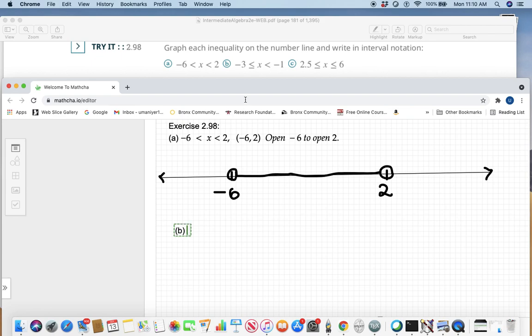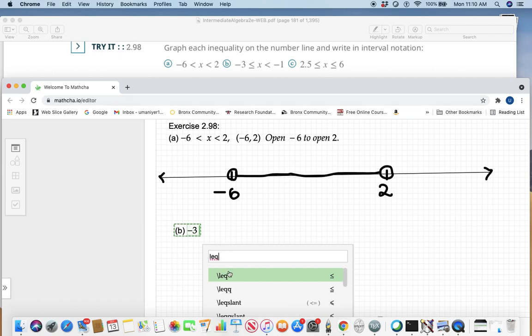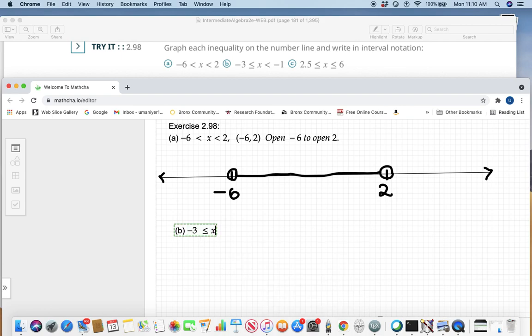Okay. The interval is -3 less than or equal to x less than -1. All right.